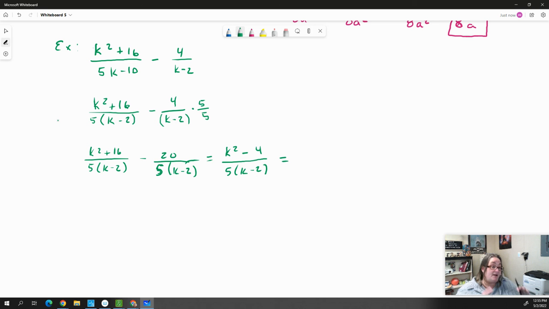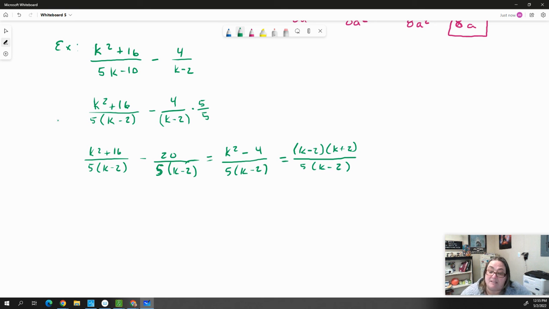Now, if you look at this right off the bat, you think, oh, there's nothing that can be factored. But I know that k squared minus 4 is a difference of squares, right? K squared is a perfect square minus 4, which is also a perfect square, which means that we can write this as k minus 2 times k plus 2 over 5 times k minus 2.